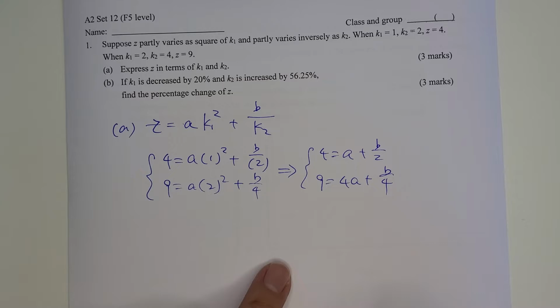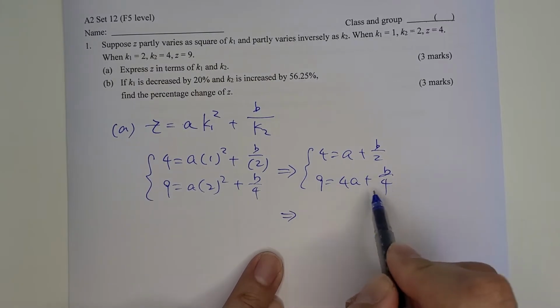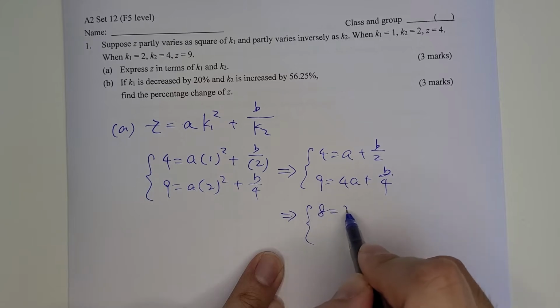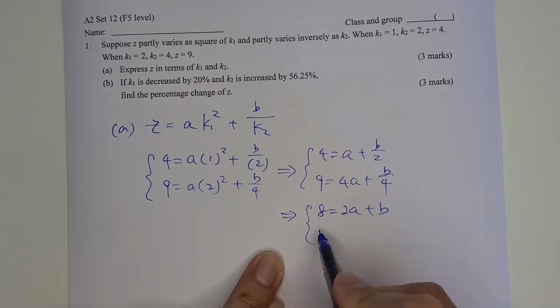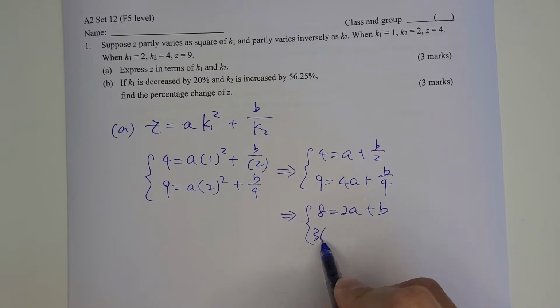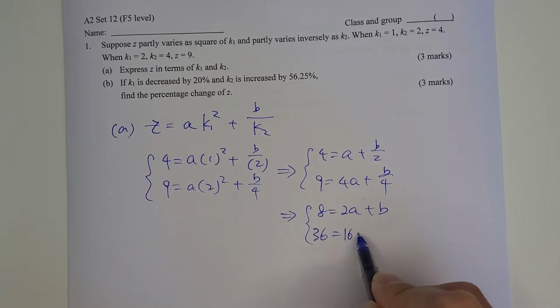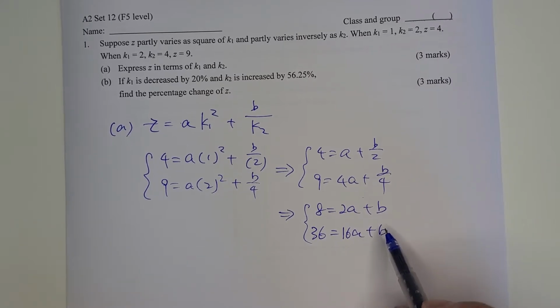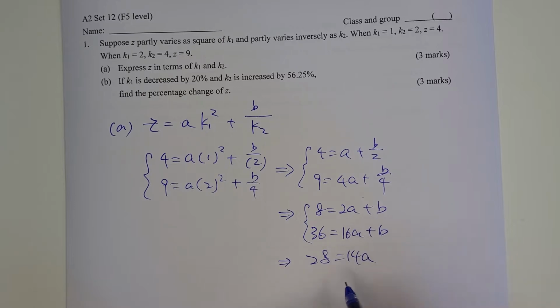So the next step we can do is multiply the first equation by 2, so 8 equals 2a plus b, and the second equation multiply by 4, so 36 equals 16a plus b. Now do the subtraction of these two equations, then you will get 28 equals 14a, and hence a equals 2.